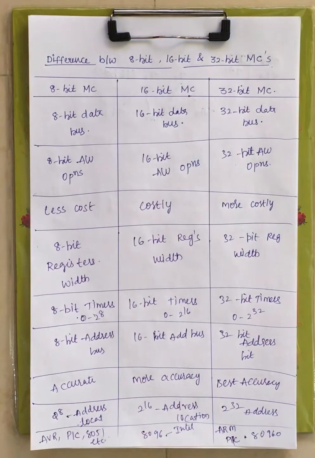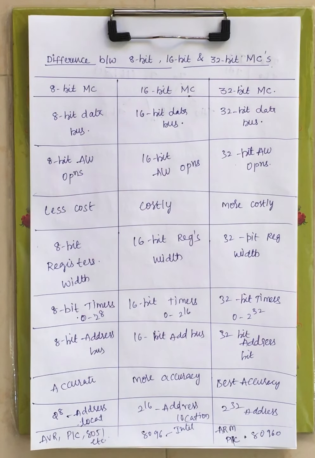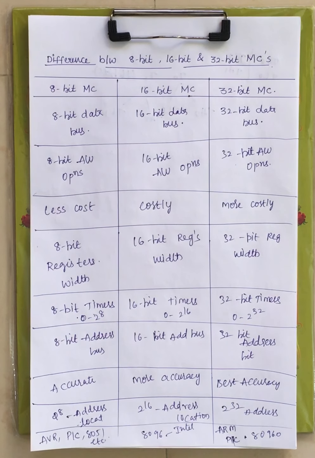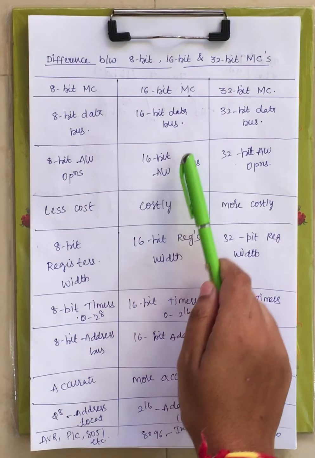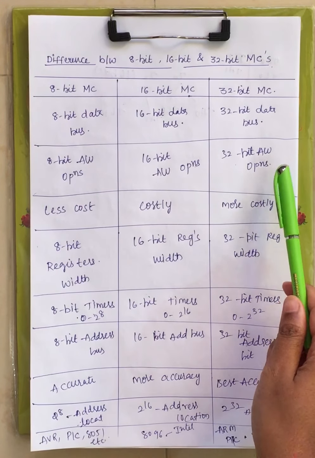The 16-bit microcontroller will contain a 16-bit data bus. The 32-bit microcontroller will contain a 32-bit data bus, right? Now the data bus is used to carry data bits. The 8-bit microcontroller will perform 8-bit ALU operations, the 16-bit microcontroller will perform 16-bit ALU operations, and the 32-bit microcontroller will perform 32-bit ALU operations.